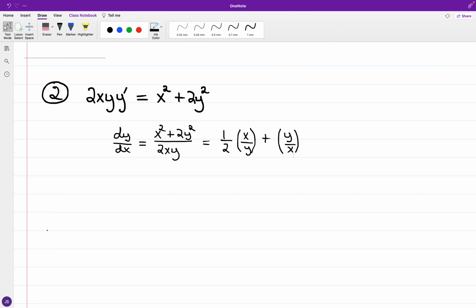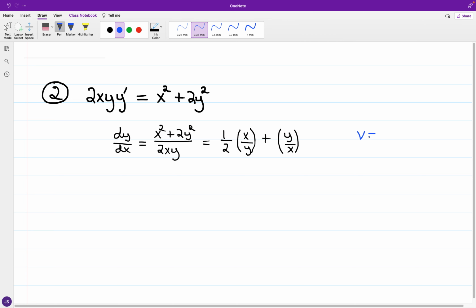And for what we have on the side, we can assign a substitution variable since we have a homogeneous equation. So I can say that v is equal to y over x. And if I write this expression in terms of y equals, I have vx.